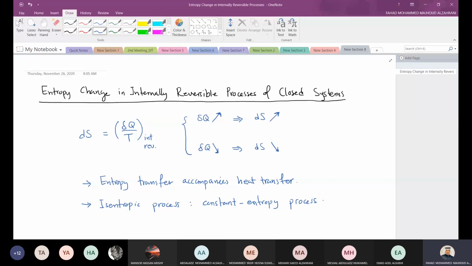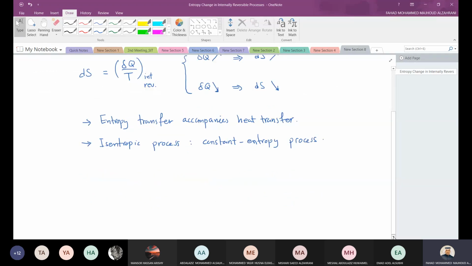This is just one more process. We defined a lot of processes, if you remember, shabab: isochoric, isobaric, isothermal, adiabatic, and this is now the isentropic process. So an isentropic process refers to a process where the entropy does not change through the process, which makes it an internally reversible process.